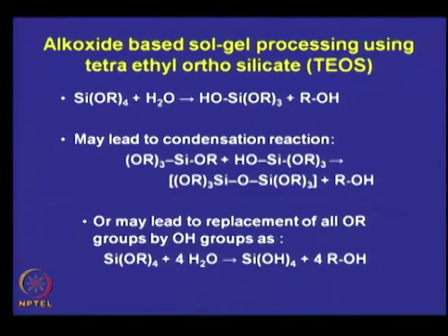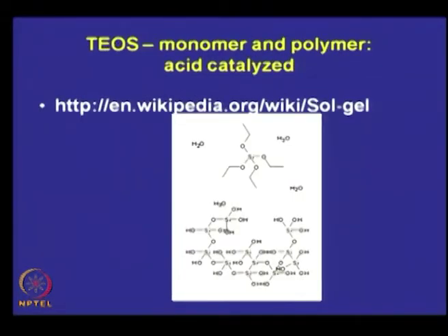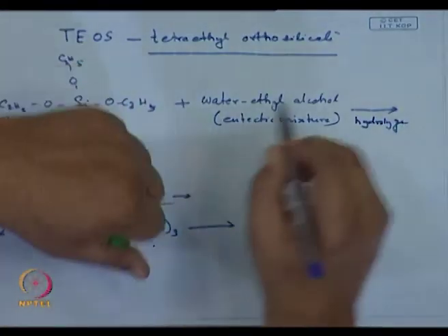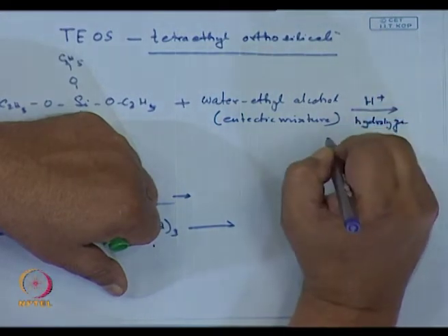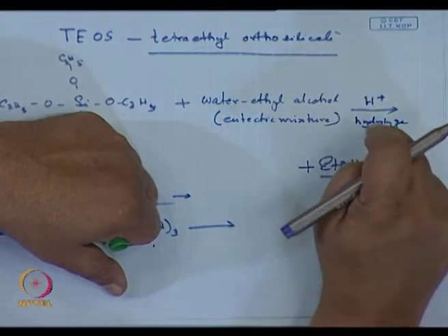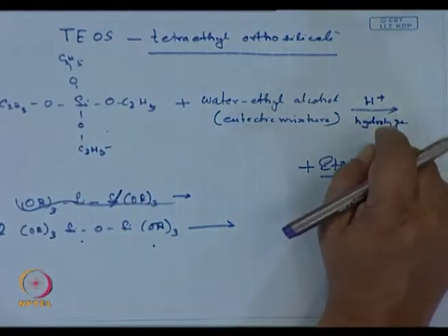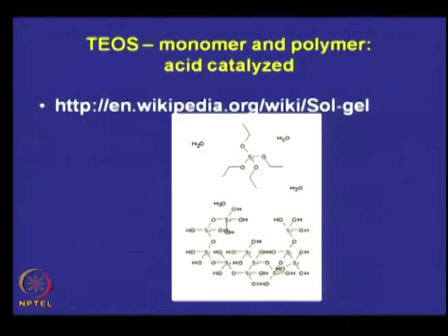In fact, both are possible. The first one, condensation reaction leading to formation of polymer, occurs when it is acid catalyzed. When over in the mixture of tetraethyl orthosilicate, water and ethyl alcohol, I add an acid, when I am doing acid hydrolysis, I will have polymerization as I have shown on the screen over here.